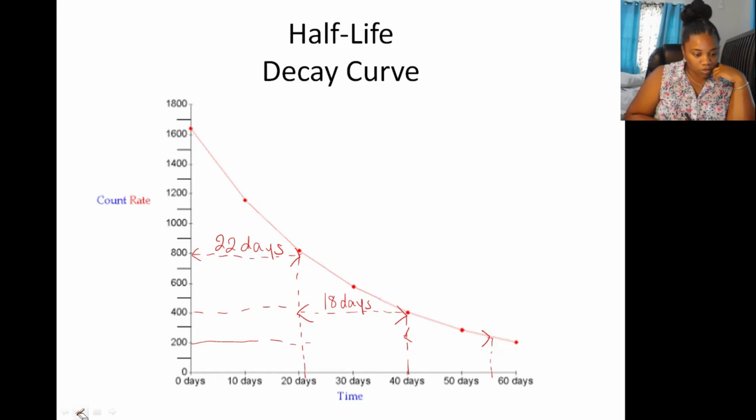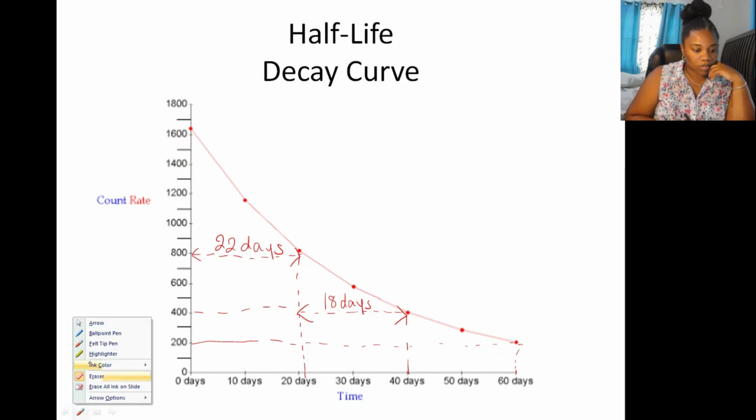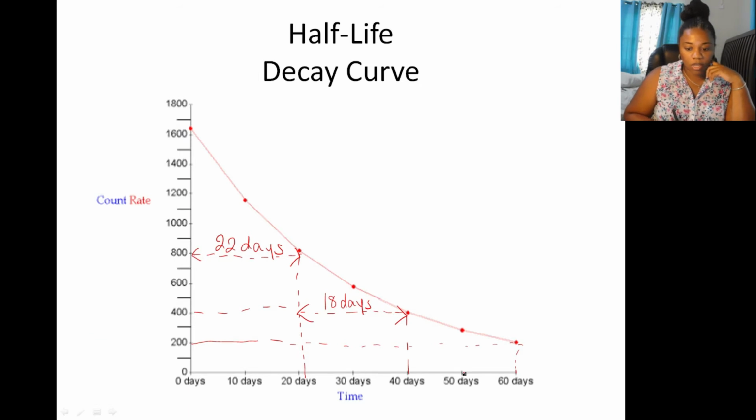Okay, so let's say it went right across to a little point right here. So our third half-life would be about how many? Our third half-life will be 10. So it looks like about 20 days.